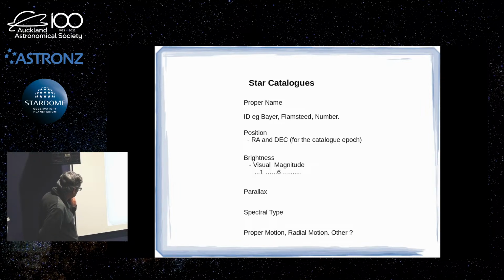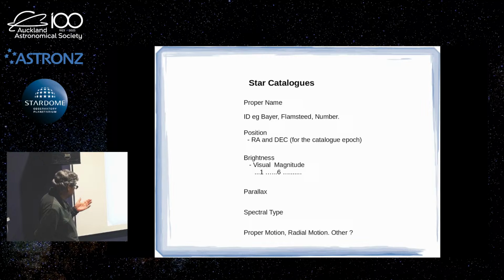And then you've got an ID. I mentioned the Bayer Uranometria scheme, which used the Greek letters, and there's a Flamsteed system which just numbered the stars within the constellation.